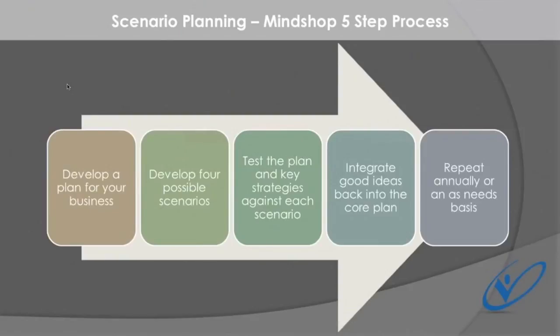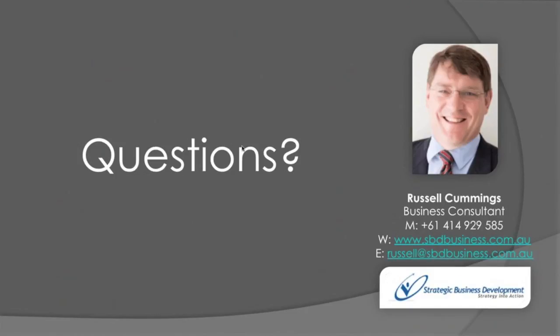So we drop them into that matrix where we've got the strategies down one end, the scenarios across the top, and we say, how will this influence the implementation of each of these strategies? Pick the good ideas out, build them back into the core plan, and then repeat the process. It's a fairly simple process. It's not laborious. It doesn't take a lot of time, and it's something that we can all do quickly and easily. All right, so that's the basic process.